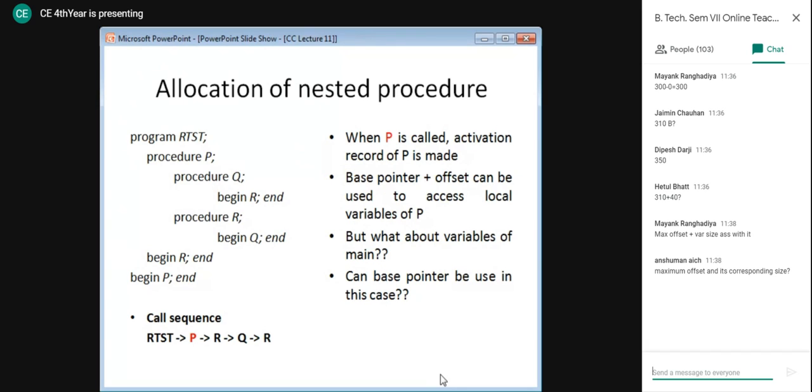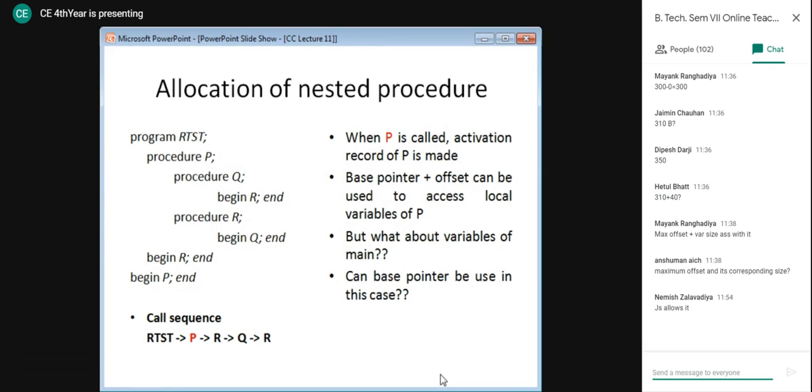Now, P can also access variables of main. Is that correct? Yes? Okay. Now, can I use this base pointer to access the variables of main?